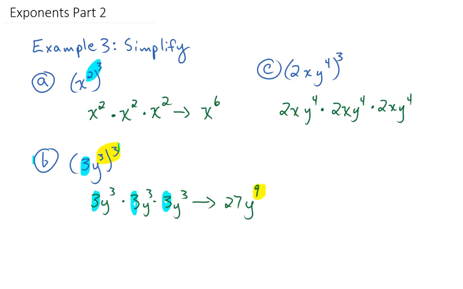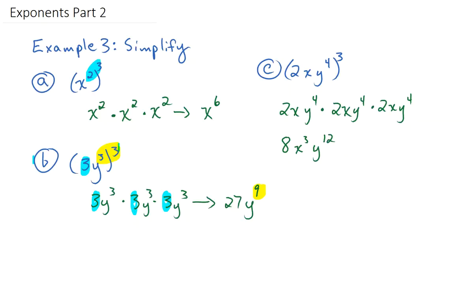So I have 3 2's being multiplied, so 2 times 2 times 2, that's going to give me an 8. I have an x, another x, and another x, so that's going to be x to the 3rd. And then I have y to the 4th, 3 copies of that is going to give me y to the 12th.